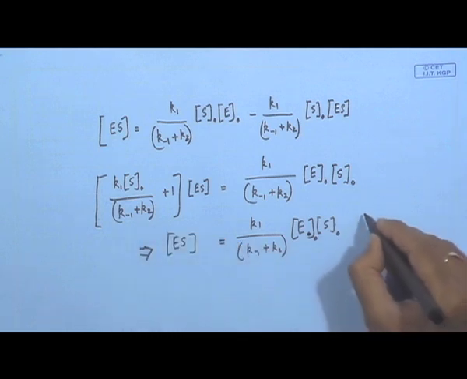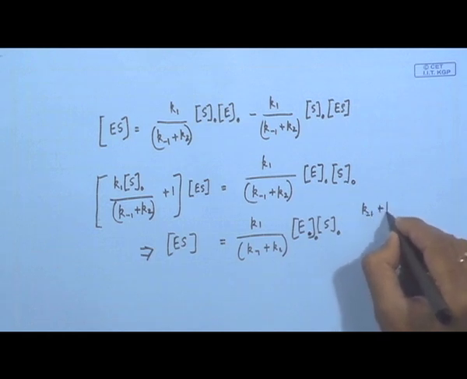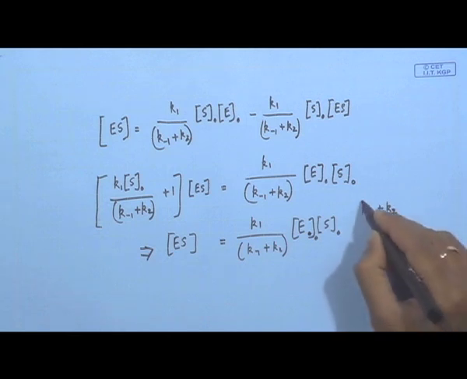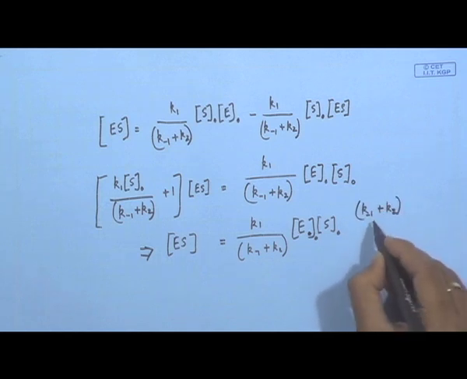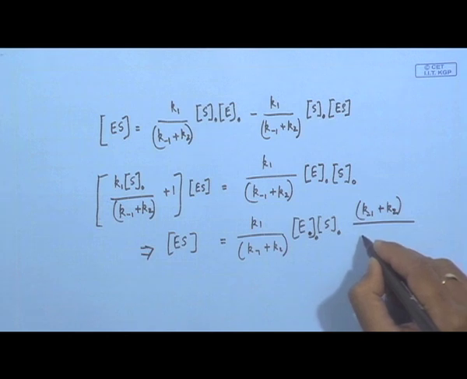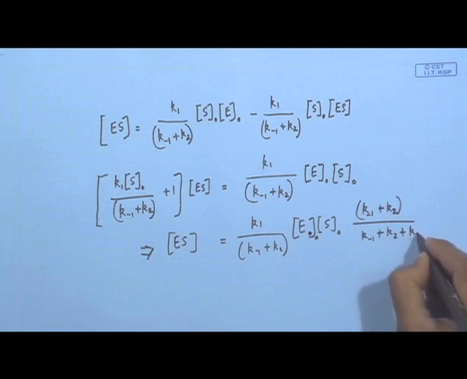In the numerator K minus 1 plus K2, and in the denominator K minus 1 plus K2 plus K1 S0.